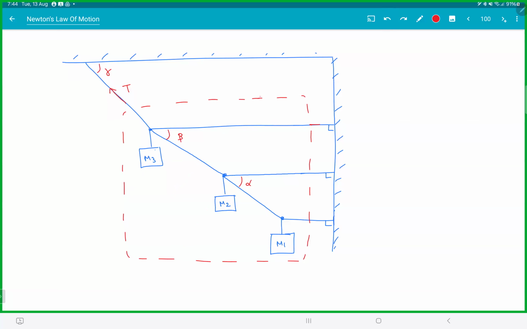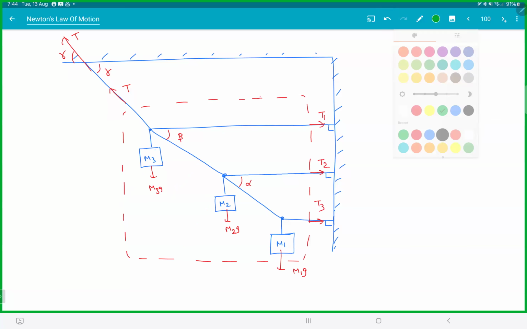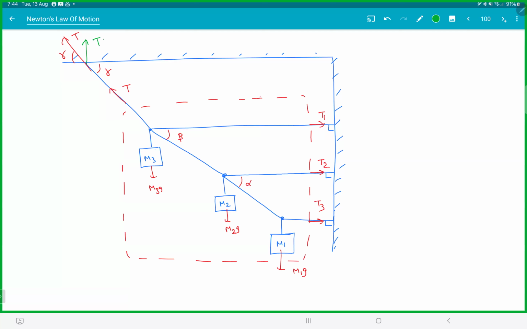Now, if you look at the forces here, this is T1, I don't know. This is T2, I don't know. This is T3, I don't know. The total weights are M1g, M2g, M3g. And here, the components: this is T, this is gamma. So the vertical component would be T sine gamma, and the horizontal component is T cos gamma.